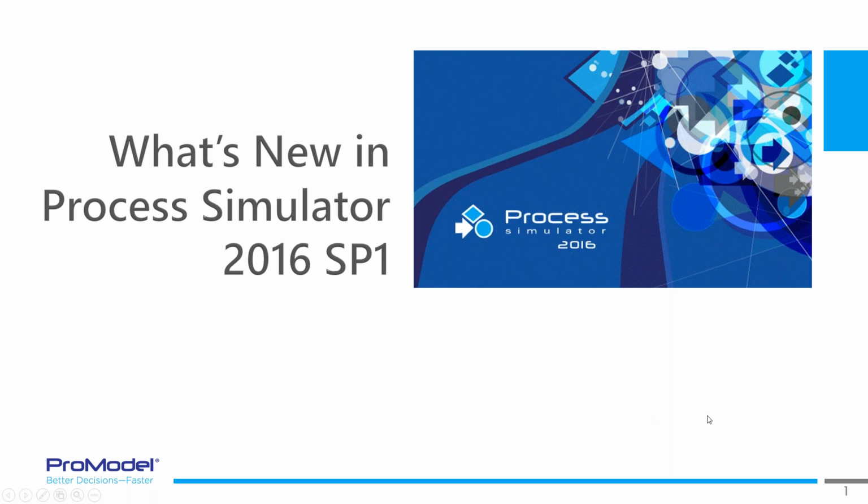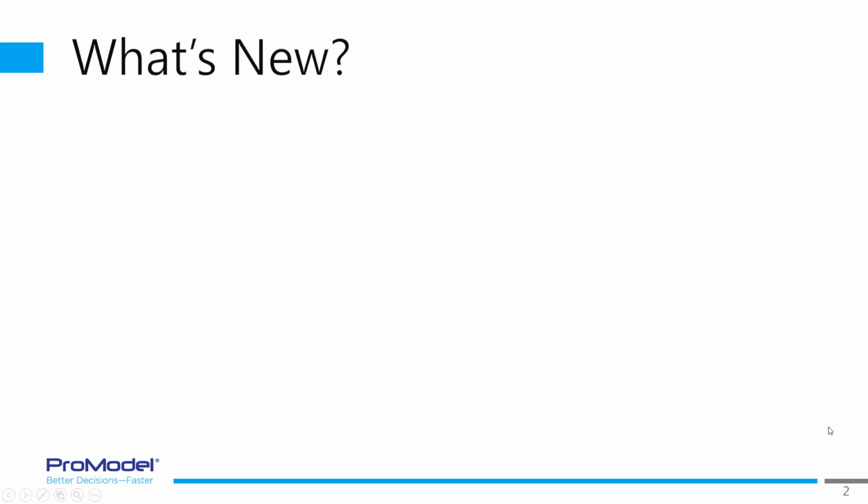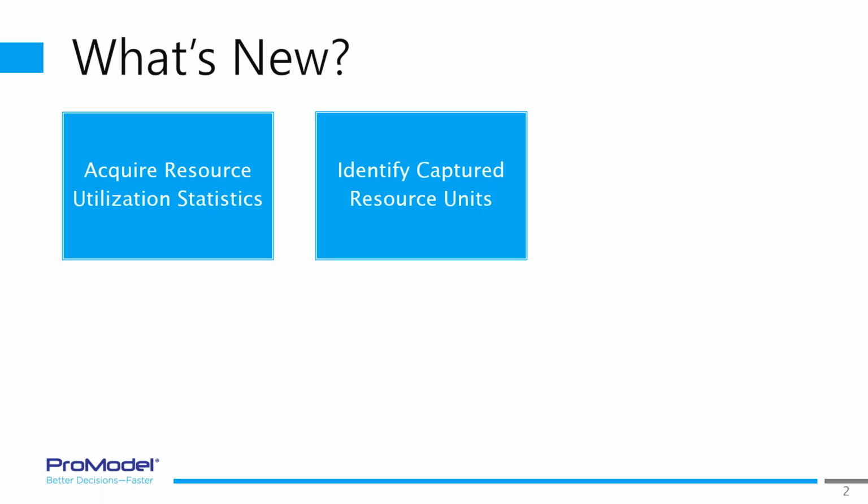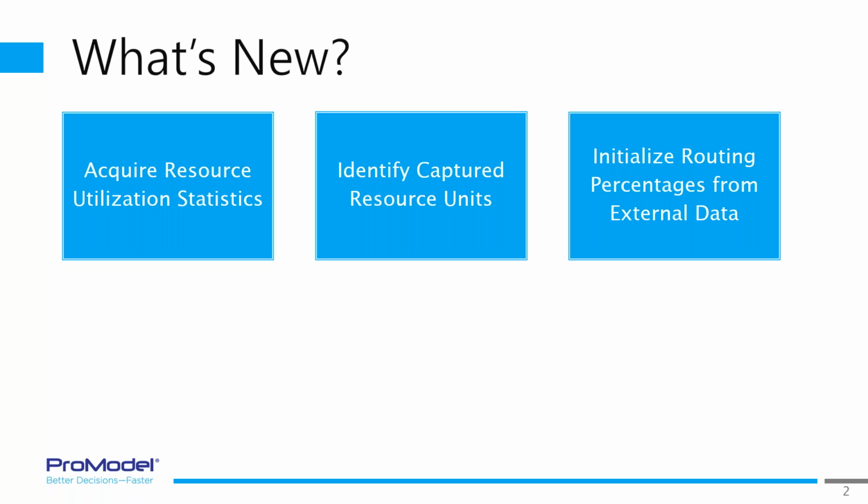So, for Process Simulator 2016 Service Pack 1, what is new? That's why we're here, to find out what's new. One of the things is we've added some capability for you to get the resource utilization statistics in your logic during simulation. And we're going to talk about that in more detail as we go. Also, the ability to identify what unit of a resource you have captured.